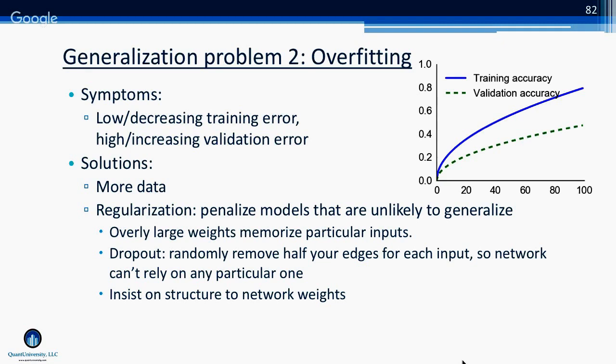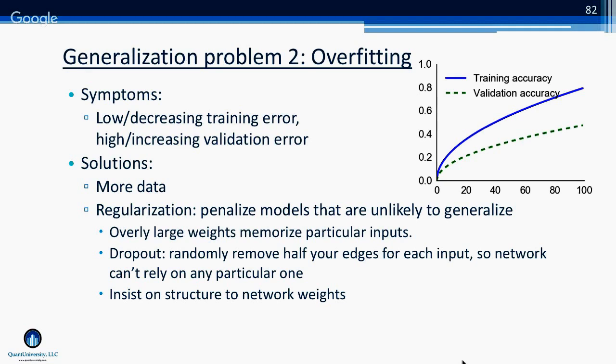The other thing you can do is try to figure out how to penalize the learner, to encourage it to learn better things. There are some tricks, some of them actually theoretically justified, and some of them just tend to work pretty well. One is saying, look, if I have really, really large weights, that tends to be a sign that you're memorizing, right?